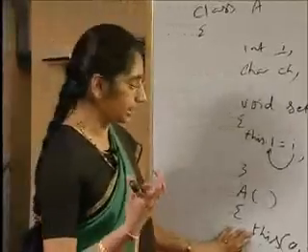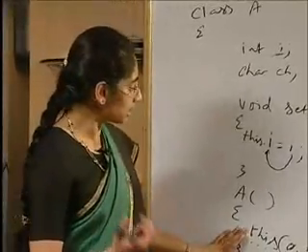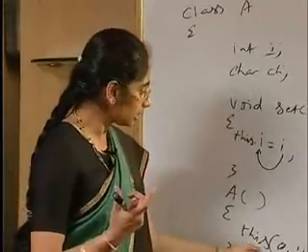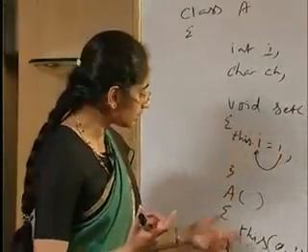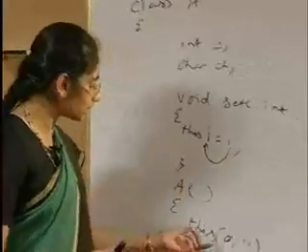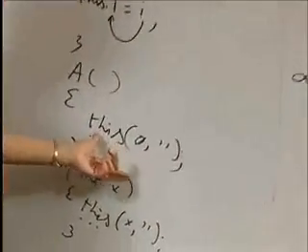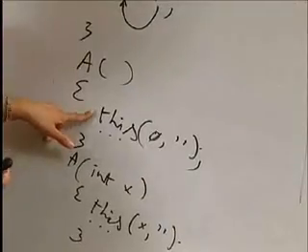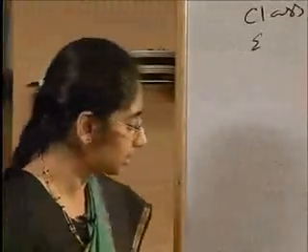But the basic idea is you can have the common instructions in a general constructor, and those instructions can be executed for every constructor by calling the this call at the beginning of every constructor. So when you call the this call, it comes to this constructor, executes this, and comes back here further to execute the other instructions.